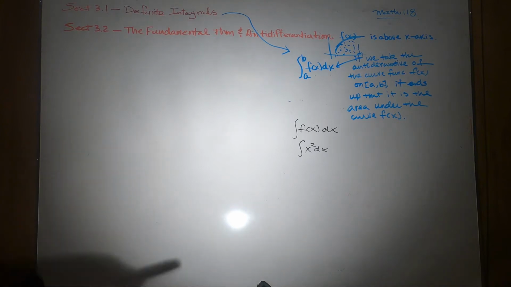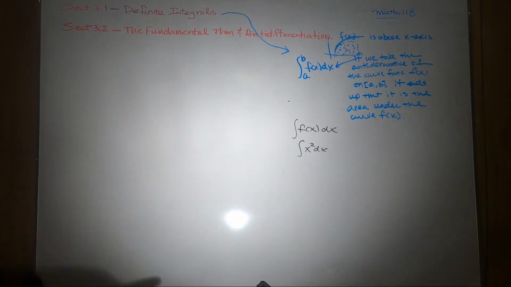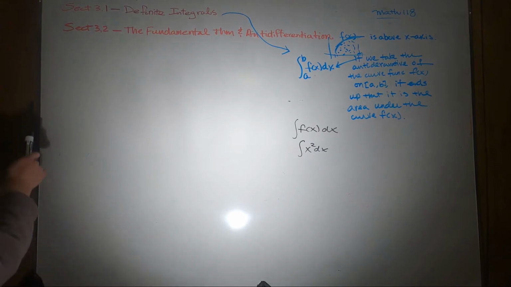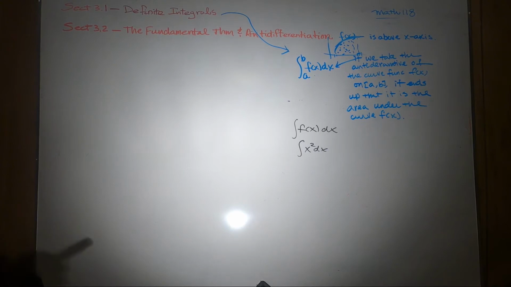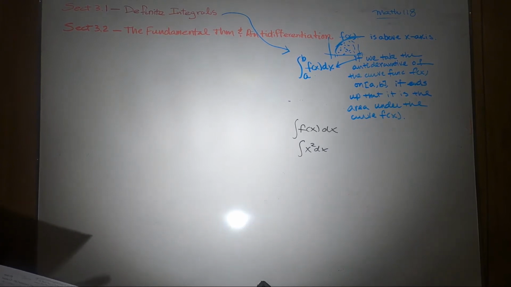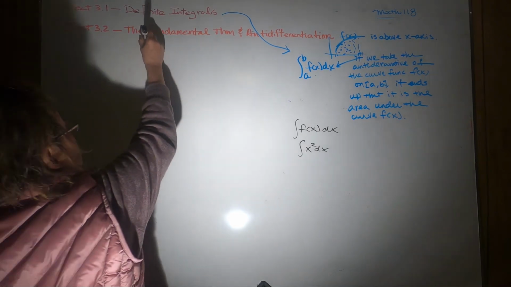Before we do that, another piece we need to talk about is section 3.2, the fundamental theorem and anti-differentiation, on your page 70. That's another concept we need to learn, and it's called the fundamental theorem.